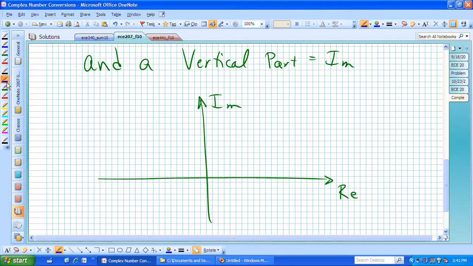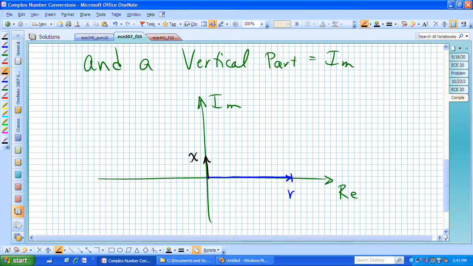If we have a complex number, we could think of it as having a real part of length r and an imaginary part of length x.